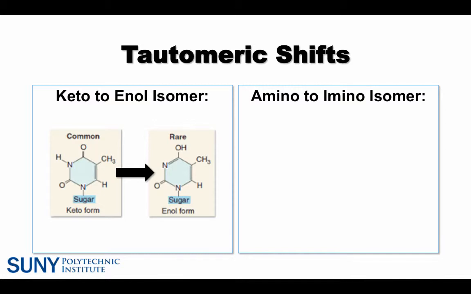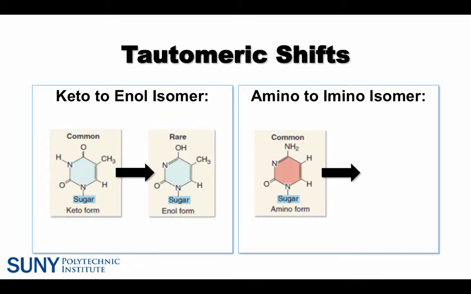In the cases of both adenine and cytosine, they usually are configured so that they possess an amino group. This configuration is known as the amino isoform. However, a hydrogen atom of this amino group can shift so that it is then covalently bonded to a nitrogen within a ring of the base. This configuration is known as the imino form.